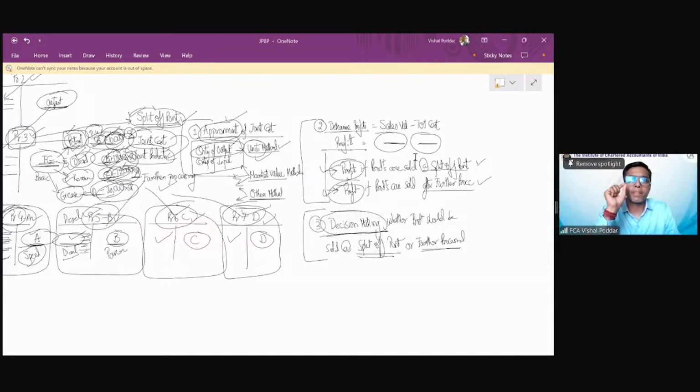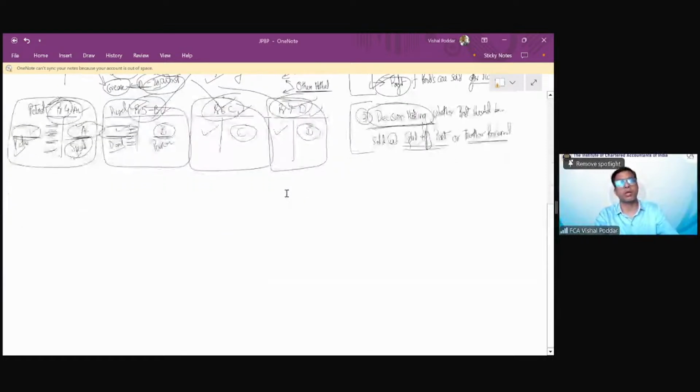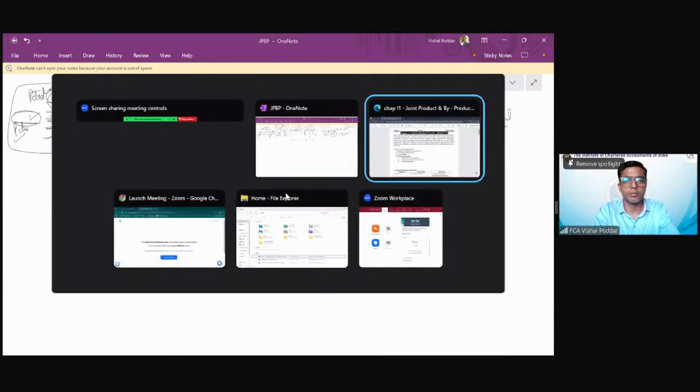So this question has to be dealt with very patiently, because it is a very scoring and very easy chapter. You have to ensure that your marks are full, and it is also not very time consuming once you understand the entire concept.